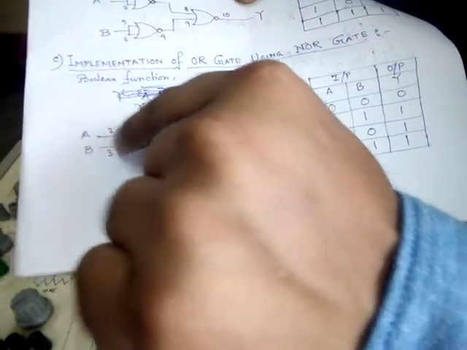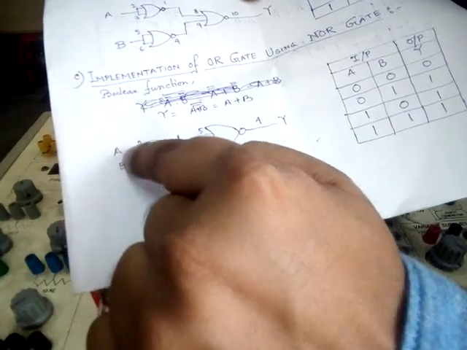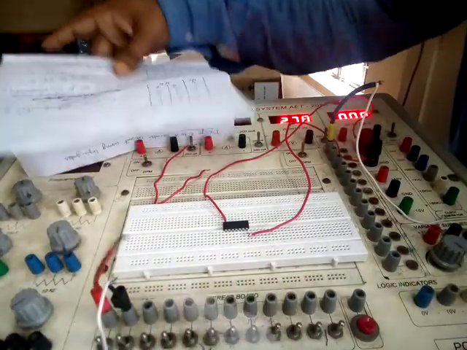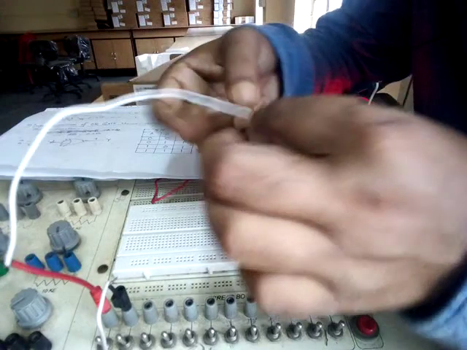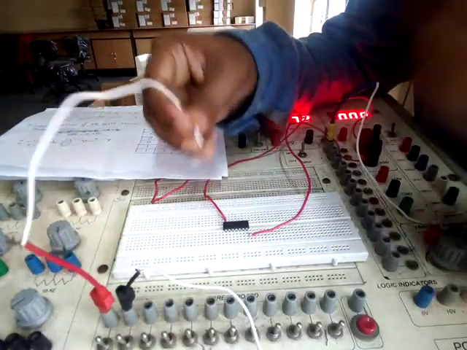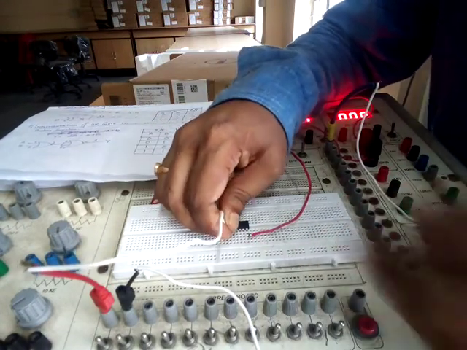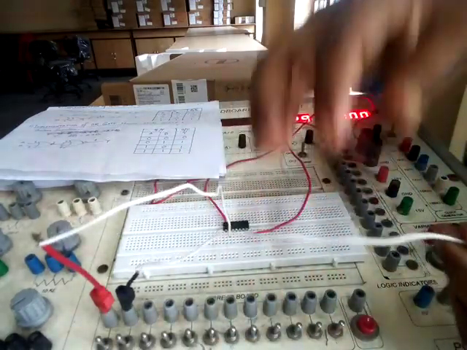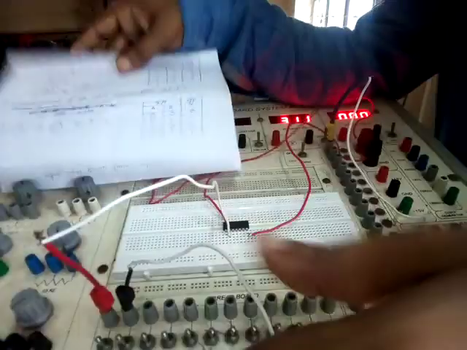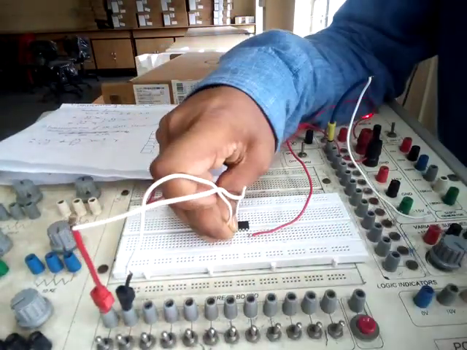Now first, connect pin number 2 to input A. This is the input A, and we have to connect it with pin number 2. Now we connected, and pin number 3 is connected with input B. This is the input B, connected with pin number 3.